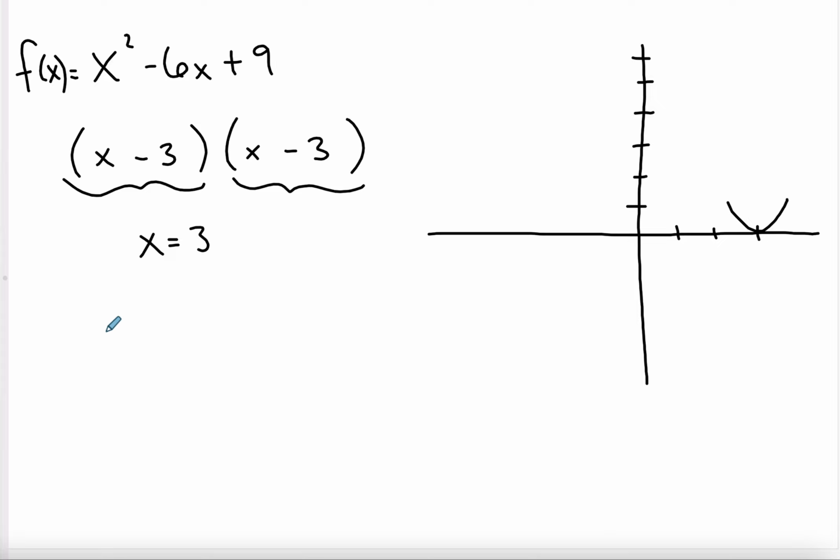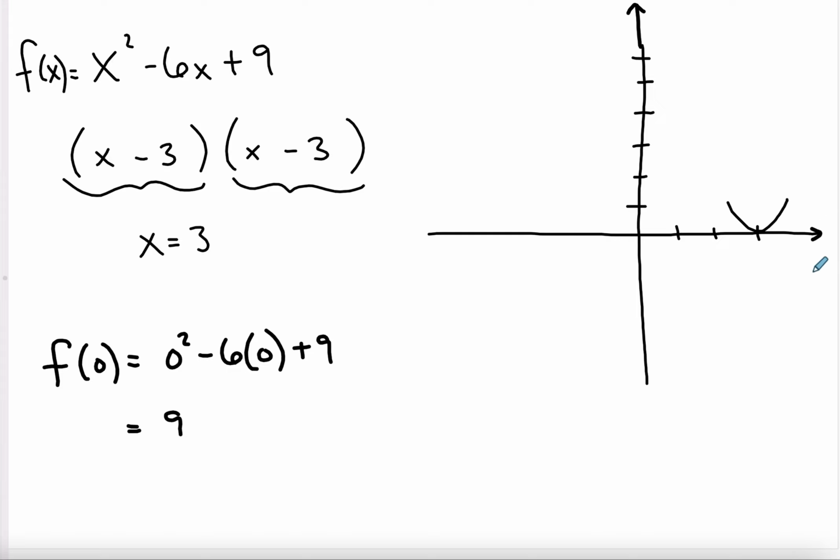So that's where it crosses or touches the x-axis. We also want to know, where does this function cross the y-axis? Well, in that case, we set our x value equal to 0. So f of 0 equals 0 squared minus 6 times 0 plus 9, and that equals 9. So this function will cross the y-axis at y equals 9.